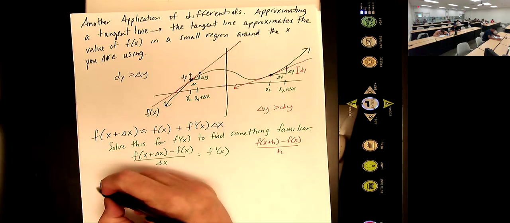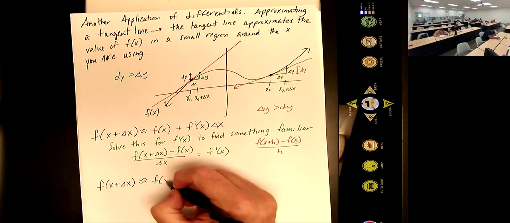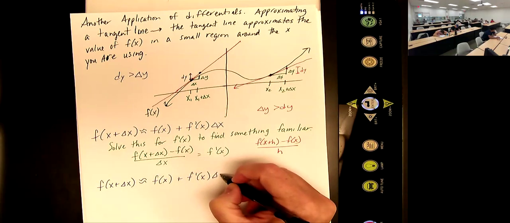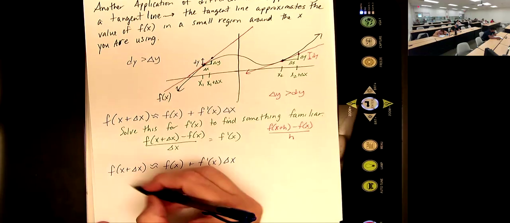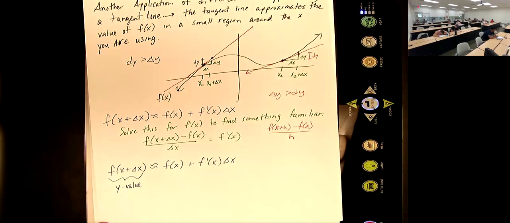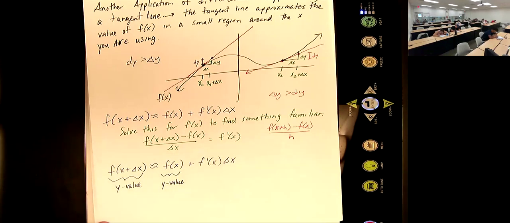And before we use it in an example, I'm gonna help make it a little bit clearer, I hope. This is a y value. This is a y value, just a small distance away. And like the whole f prime of x times delta x, you're like, what is that?